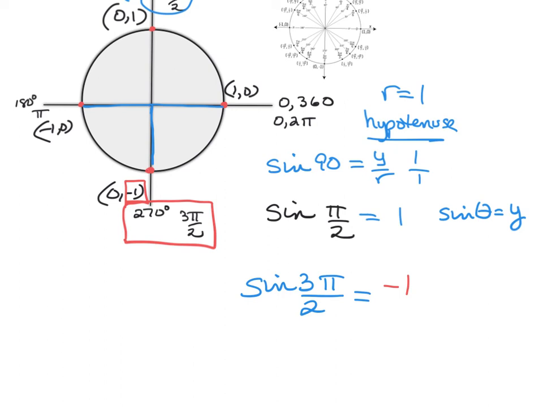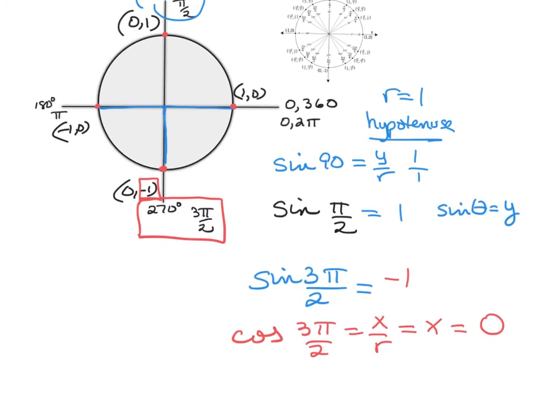Let's say they said to find cosine of 3 pi over 2. Cosine, remember you're memorizing it as x over r. Well, we don't have to worry about the r anymore. Whenever they want you to find cosine, just look at the x of the ordered pair. So cosine of 3 pi over 2 is just 0.